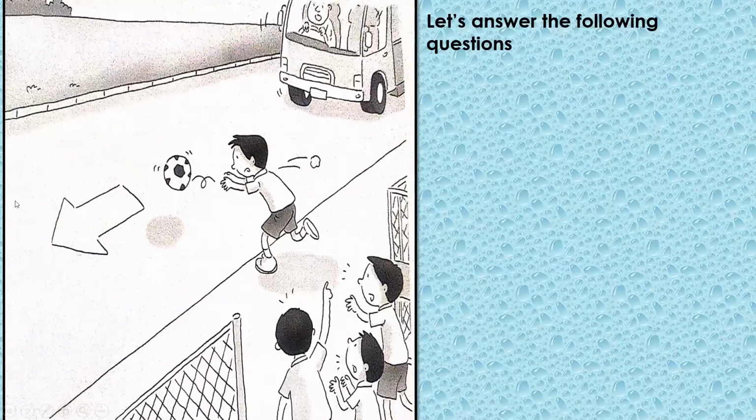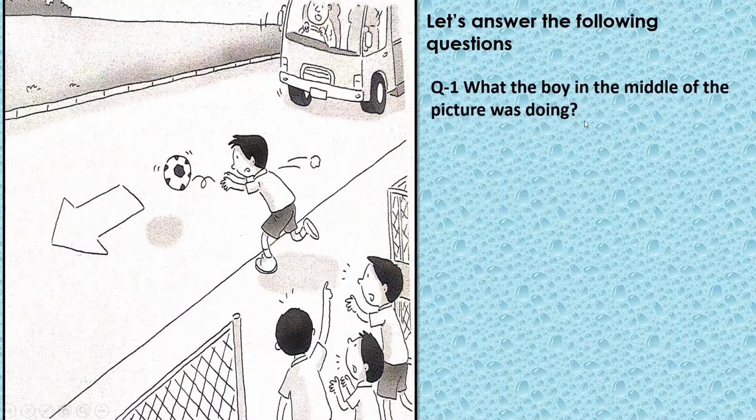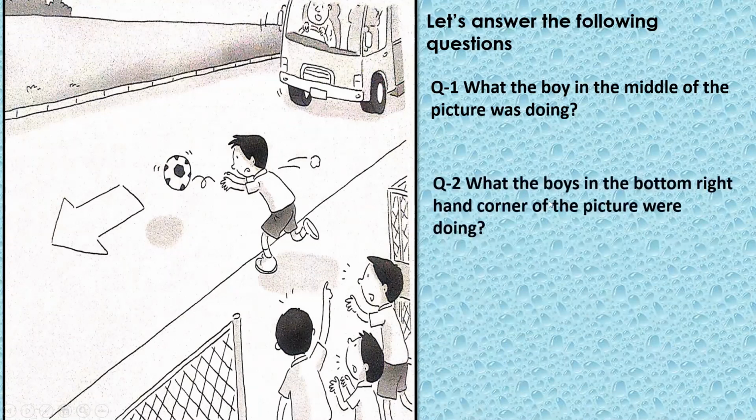So when we look at the picture, we'll answer the following questions. What the boy in the middle of the picture was doing. What the boys in the bottom right-hand corner of the picture were doing. And what happens in the end.